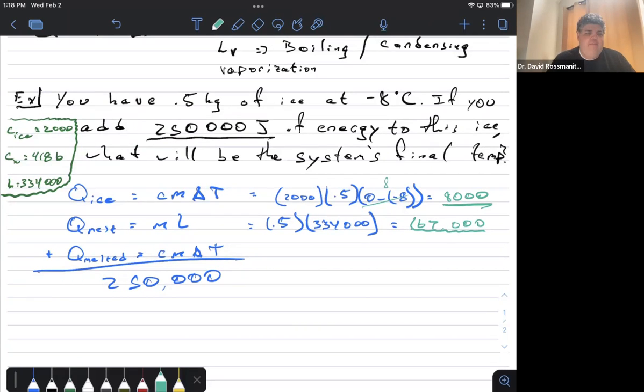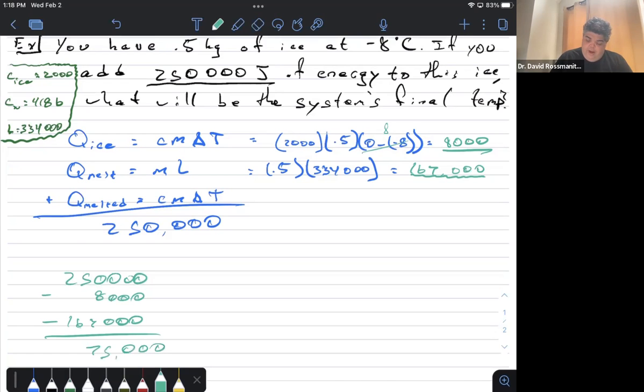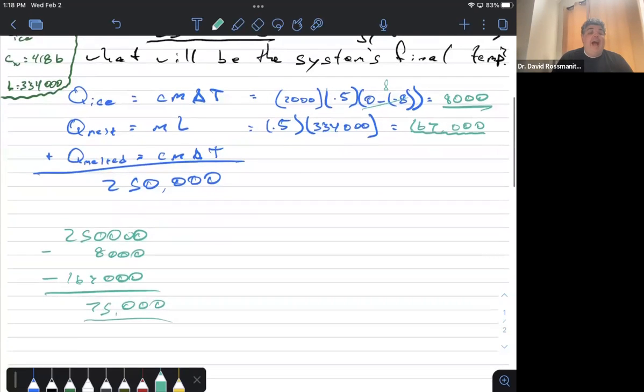So how much energy is left? Well, I started with 250,000. I'm going to subtract off 8,000 from the first step, and then subtract off 167,000 from the second step. And what do I have? 250,000 minus 8,000 minus 167,000. I have 75,000 joules left over right now. So that's how much energy I have to give this last step.